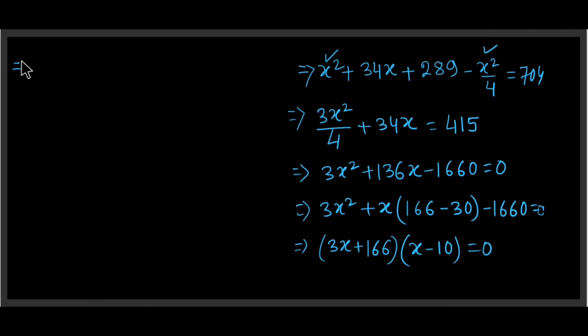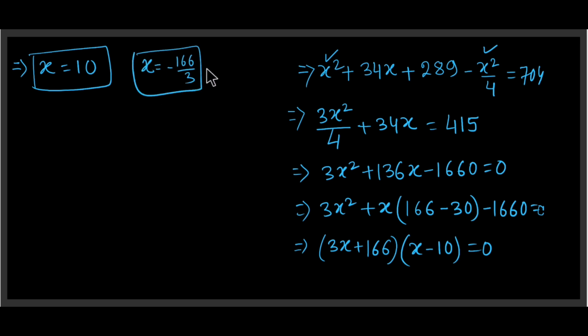Now we can consider that x equal to 10, and we avoid the negative value of x, which is minus 166 by 3, because x is a side of a triangle. So x is 10.